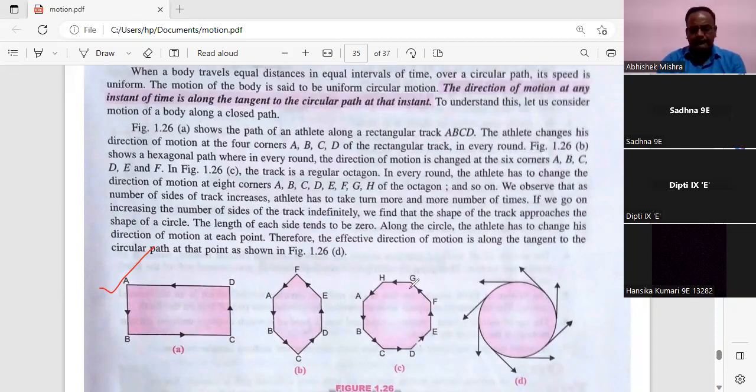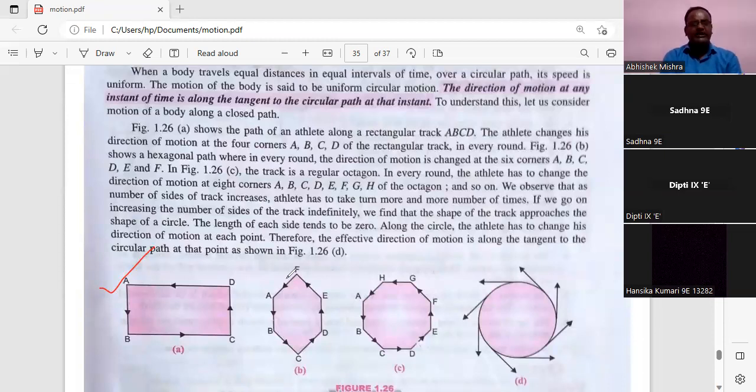The athlete is moving from A to B, then B to C, then C to D, and then D to A. In the second figure, it is a hexagonal path, and in every round the direction of the motion is changed at the corners.